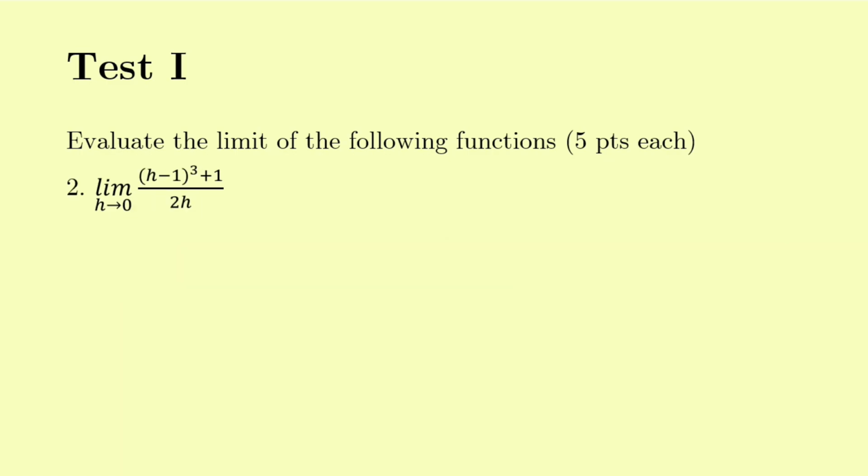Okay, let's proceed with next item. Limit of quantity h minus 1 raised to 3 plus 1 all over 2h as h approaches 0. Okay, what we're going to do is we will expand this one using binomial theorem. Pwede yun, no? Yung concept of a plus b raised to 3.